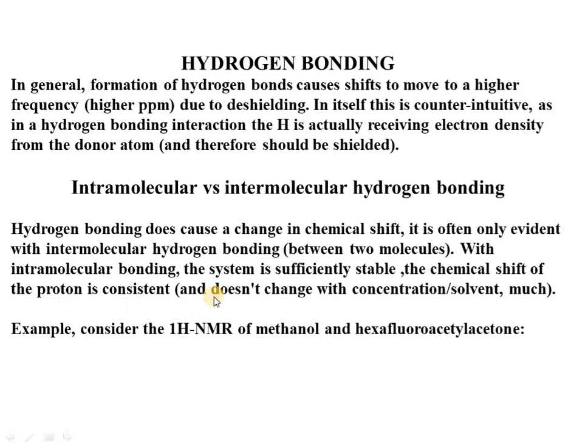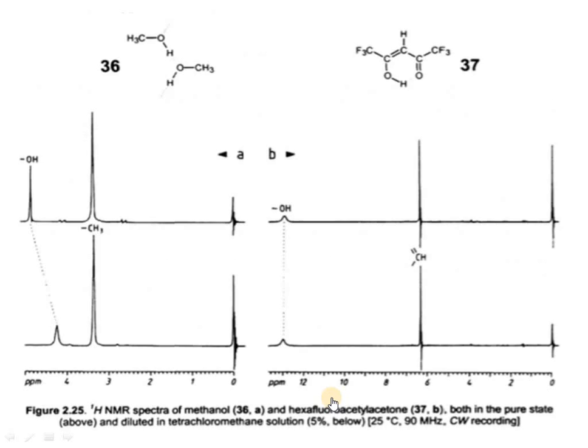This we can see in the example of the NMR of methanol and hexafluoroacetylacetone. Now this is an example of methanol and this is the second compound.